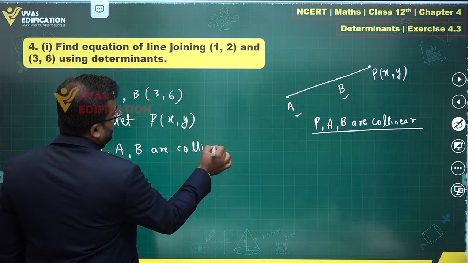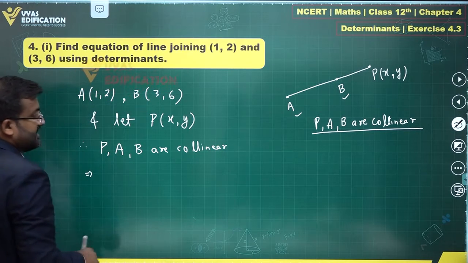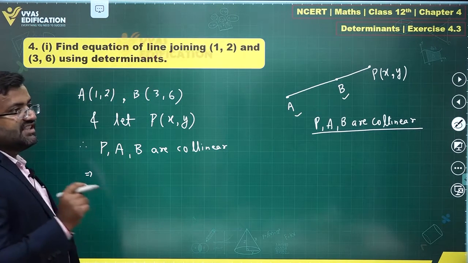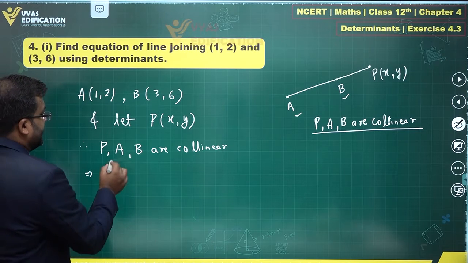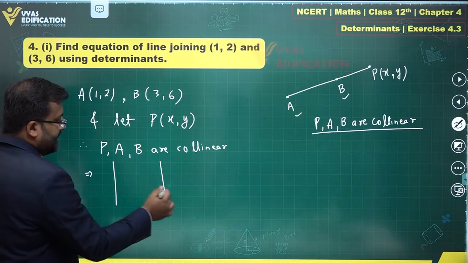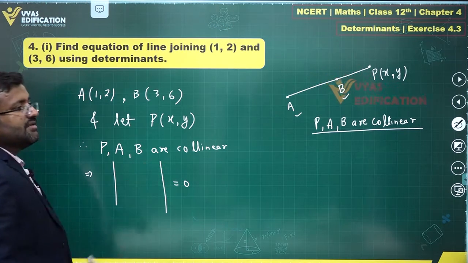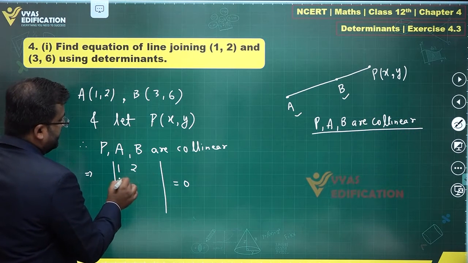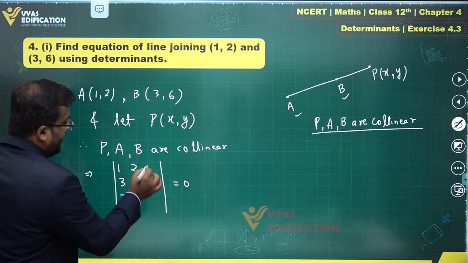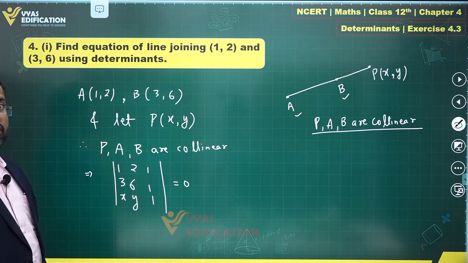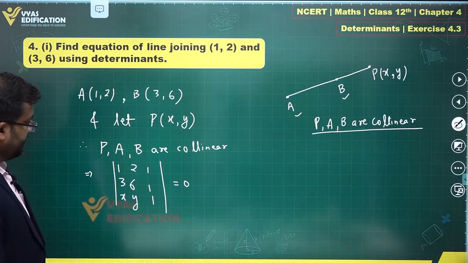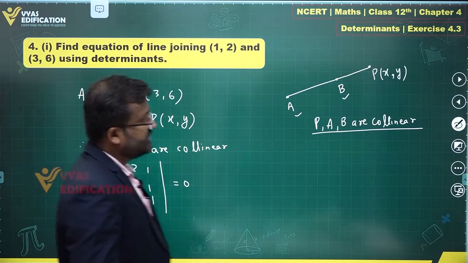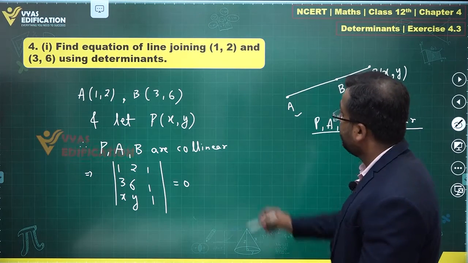That's the condition that I need to apply, which implies that area of triangle PAB is 0, or you can say alternatively that half times determinant is 0, or the determinant is simply 0. The value of the determinant is simply 0. That is 1, 2, 3, 6, x, y, and you have 1, 1, 1. This is what you have, right? Is that okay? Yes. And let's solve this. It's pretty easy to solve this one.